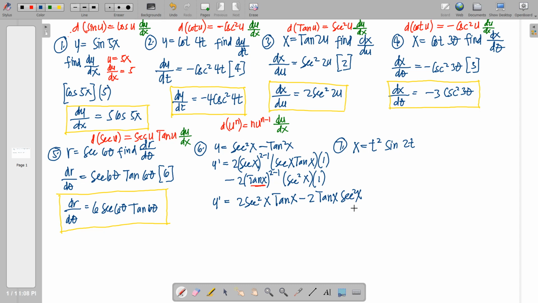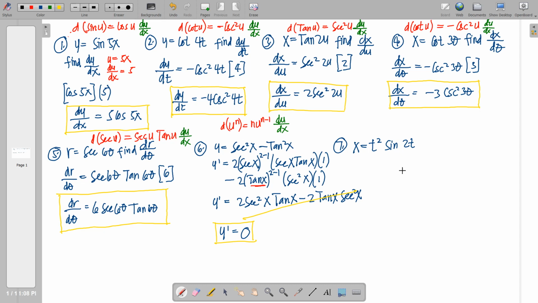Times secant squared x. So, interestingly, it is clearly seen here that 2 secant squared x tangent of x is the same as the negative. It is just a negative version. So, meaning, this will just cancel. Hence, our y prime is equal to 0. So, this must be the answer for number 6.